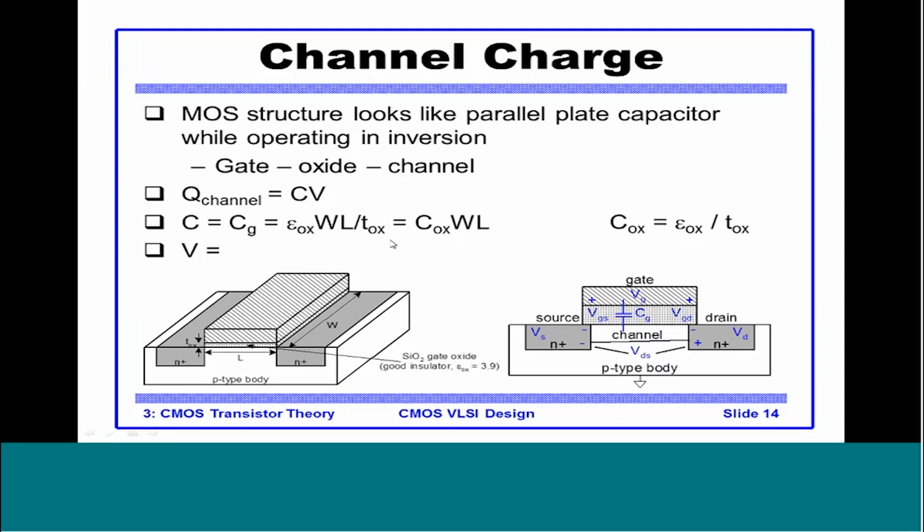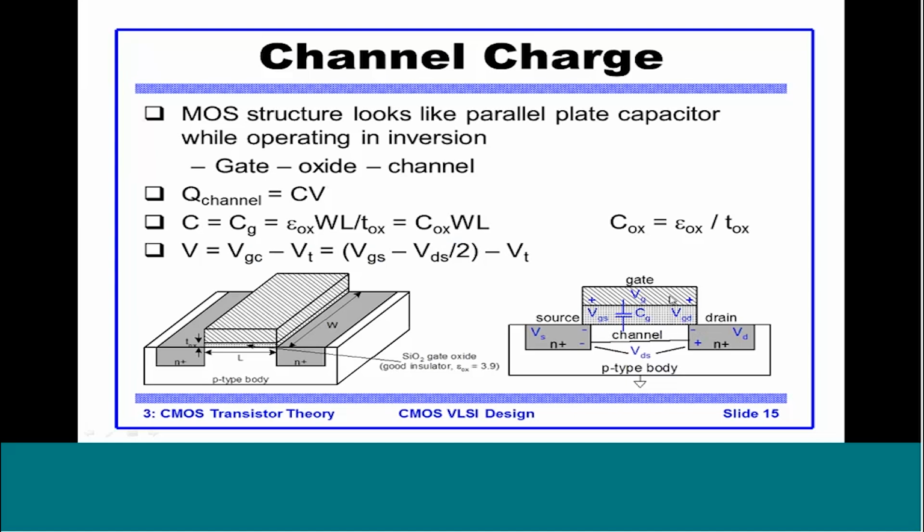The voltage is at a particular point inside the channel. We assume the voltage at the halfway point, where the voltage from drain to source is VDS. Since it's the linear region, we assume the voltage in the middle to be VDS by 2.